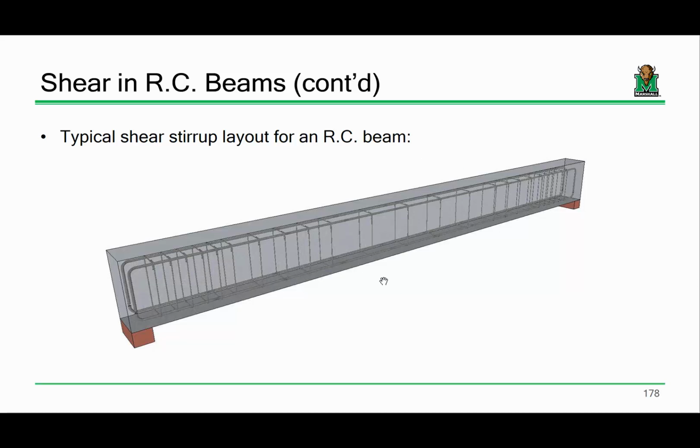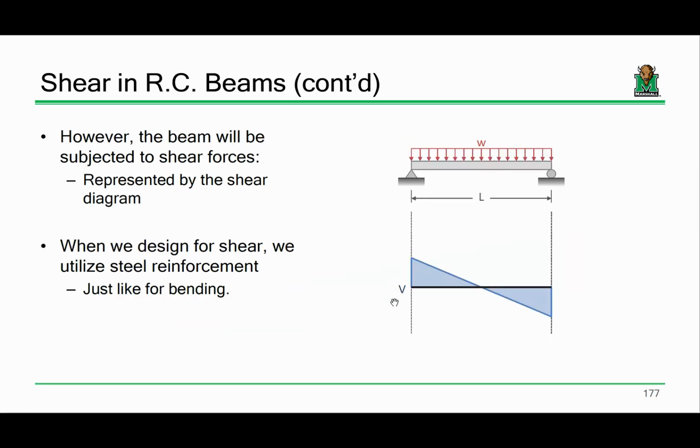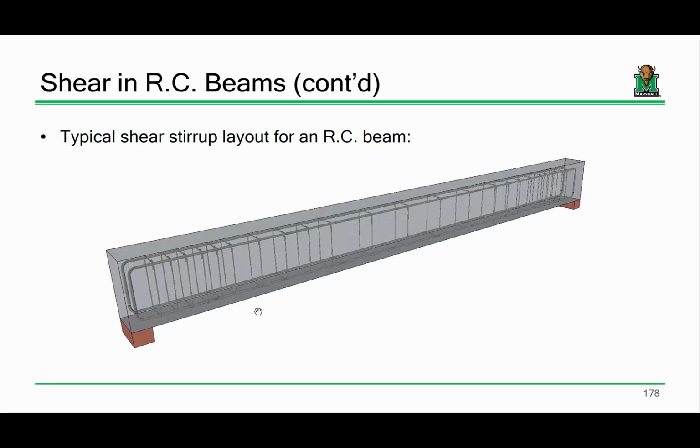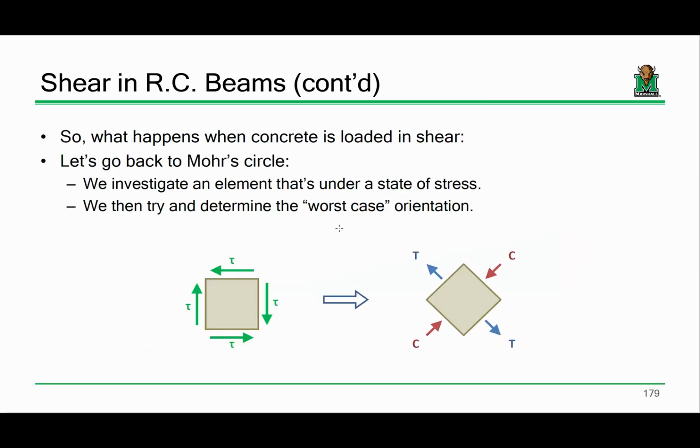But in the main part of the span out here in the middle, the hoops are spaced very far apart. Well, that goes back to the shear diagram. You have very high shears here at the support, so you have a lot more stirrups. Whereas in the main body of the member where the shears are very low, you don't need as many of them. So that spacing pattern should make some pretty reasonable sense.